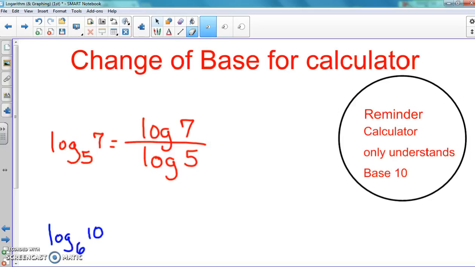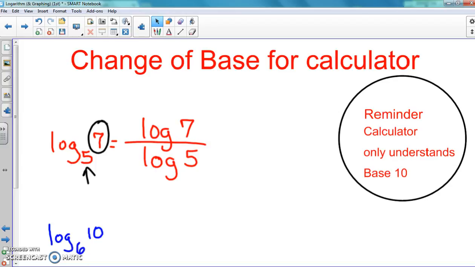Again, here the log and the 7 on the left side are on the same line. 5 is the base number, so it's below. So when we write it, all we do is do log of the big number divided by log of the base number. So log of 7 over log of 5.